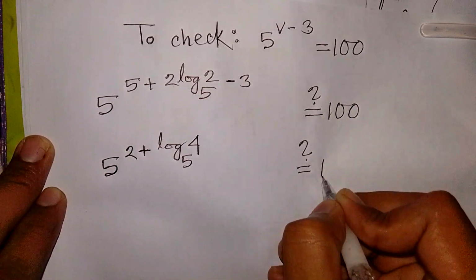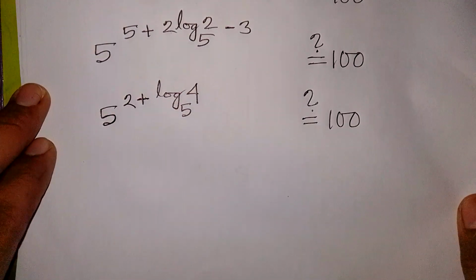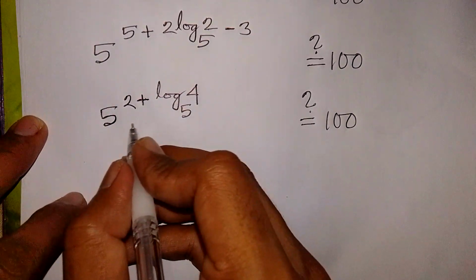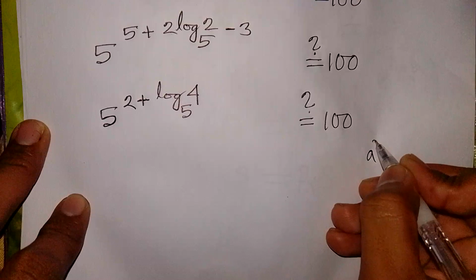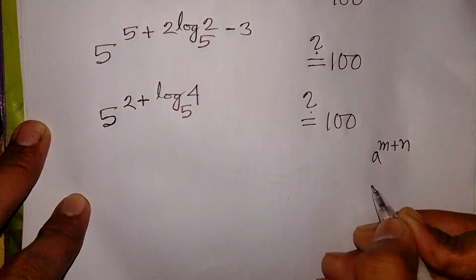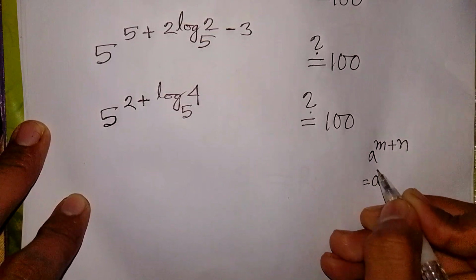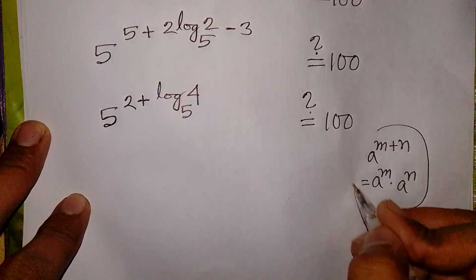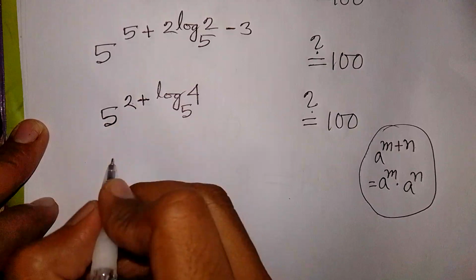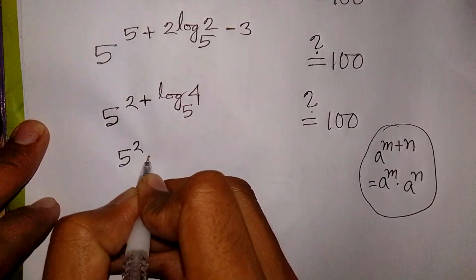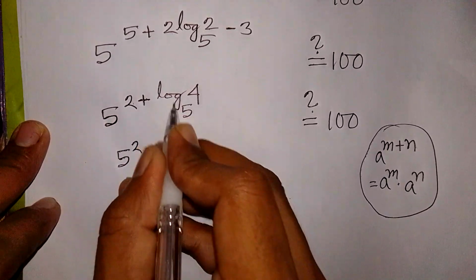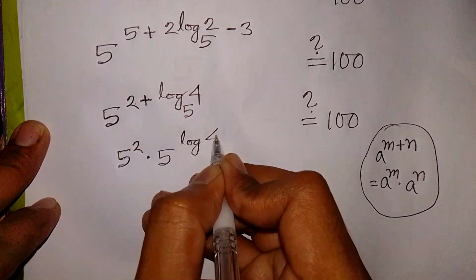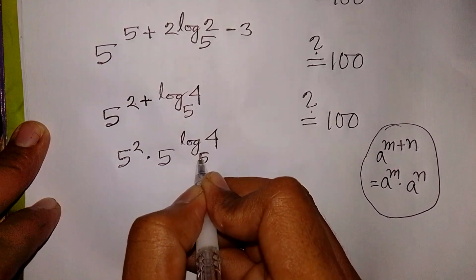Is it equal to 100? Here we apply this exponential rule that a power of m plus n is equal to a power m times a power n. So it will be 5 power 2 times 5 power log 4 base 5.